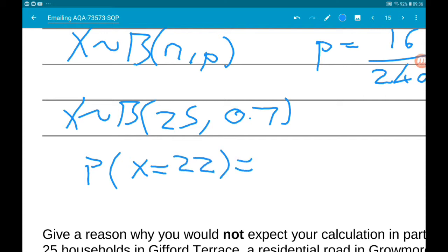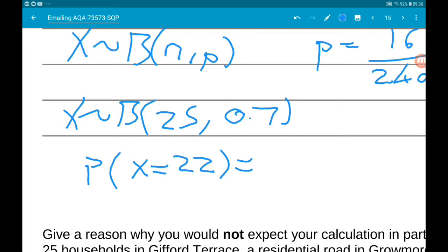So using your calculators, you want to go onto menu, distribution, and then you want binomial PD. So, and then you want variable CD, binomial CD means cumulative distribution. So that adds up all the probabilities under the value for X that you put in, and also including the value for X that we put in.